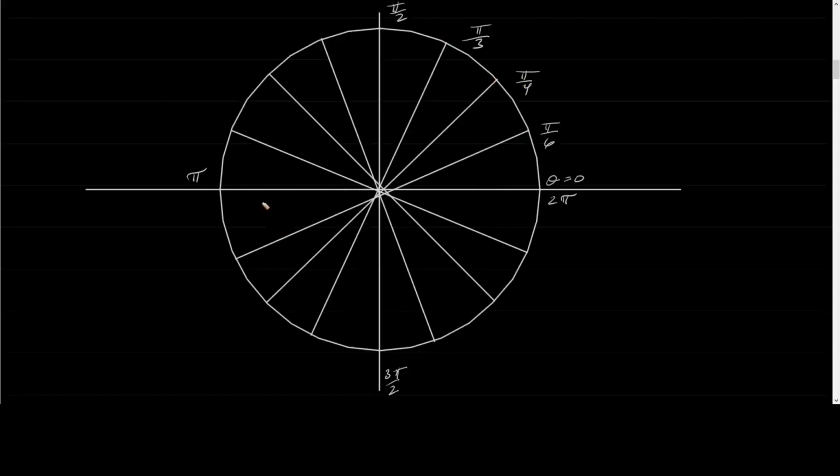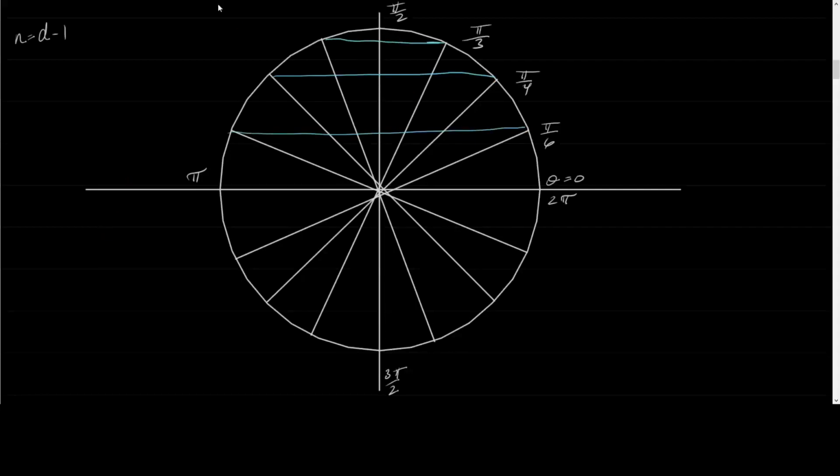Now, in the second quadrant, and the rest of the quadrants here, we're going to be using pretty much the same things here, but our numerators are going to be different, all right? In the second quadrant, all of our numerators are going to be the denominator minus 1. So what do I mean here? Well, this one right here is going to correspond to this one. This one's going to correspond to that, and this is going to correspond to that.